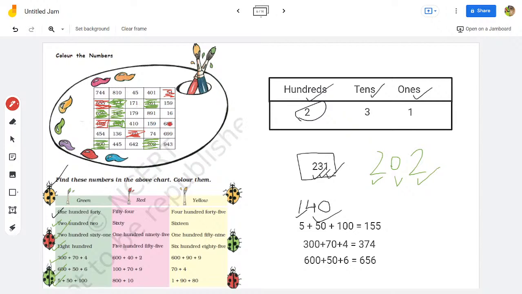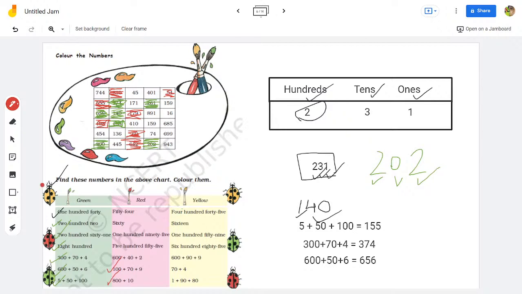Where do you find that? Is it already shaded? No, it's over here. 642. Then we have 179. So here we have 179. Then at last we have 810. So we have 810 over here.